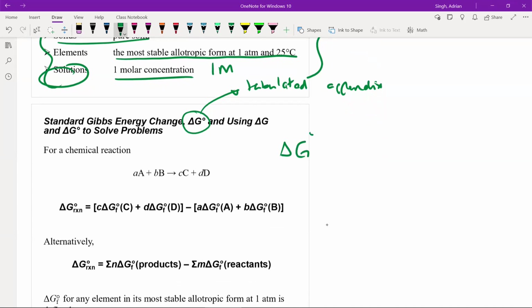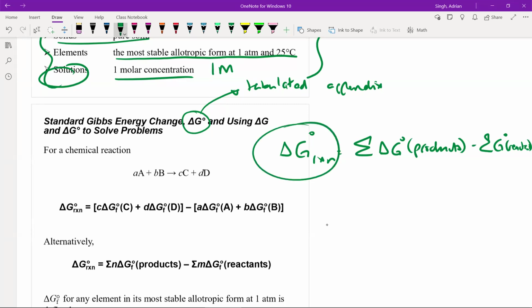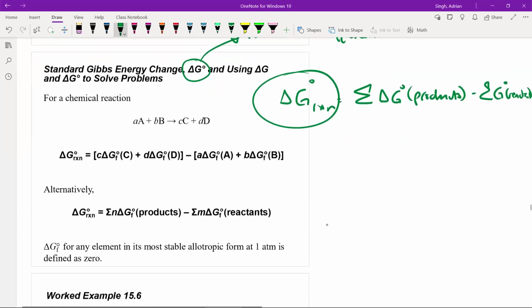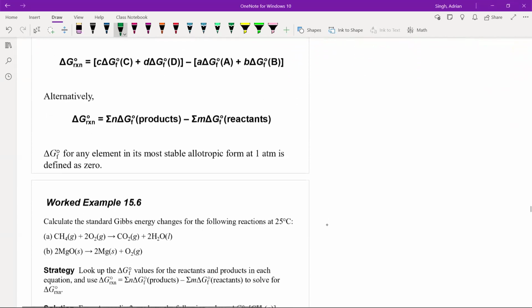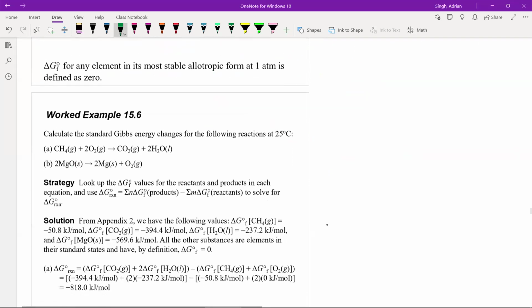The delta G standard for a reaction is simply the sum of the delta G of the products minus the sum of the delta G for the reactants. Okay, so again, products minus reactants, final minus initial, because delta G here is also going to be a state function. So we can look these values up in a table, and we can determine the delta G standard for a particular reaction.